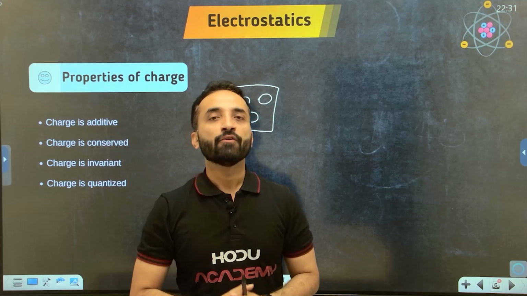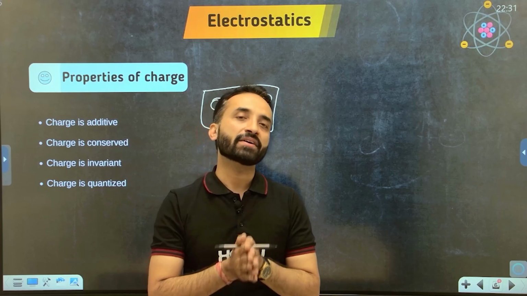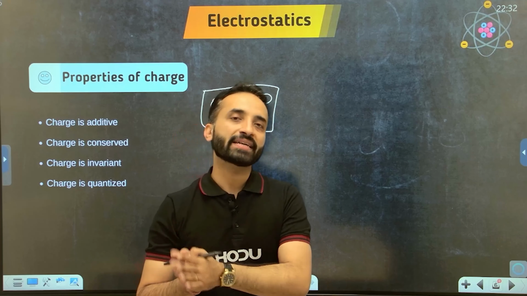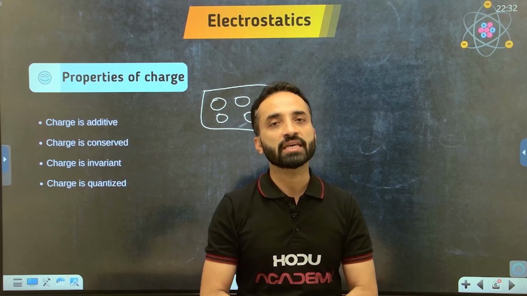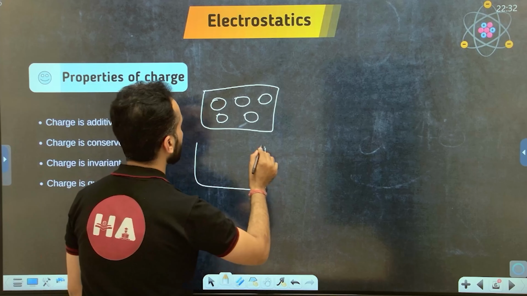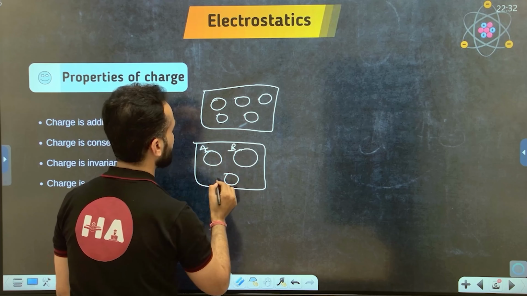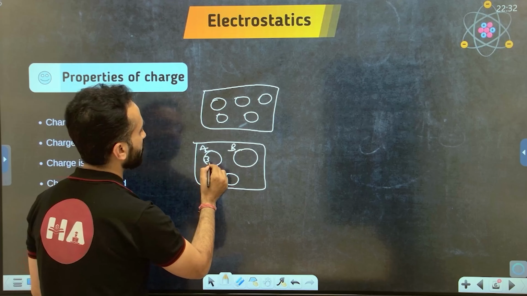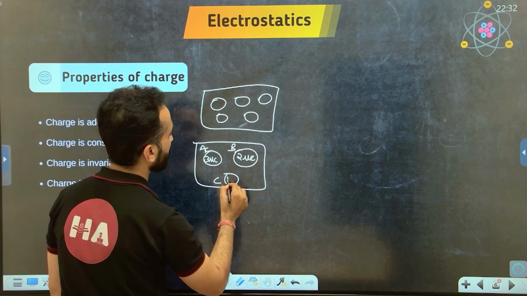I will repeat. For any isolated system, charge can never be created or destroyed. It can only get transferred from one part of the system to the other, right? So for example, there are 3 particles A, B and C, and let's say A has 3 microcoulomb, B has 2 microcoulomb, and C has 1 microcoulomb.